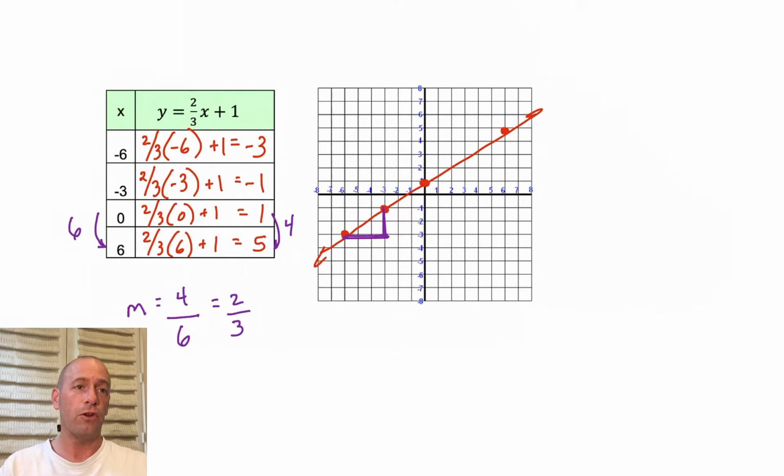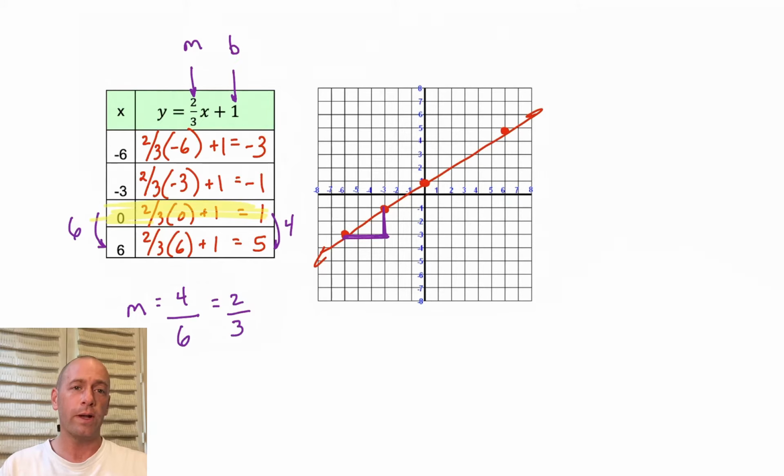Doesn't matter which 2 points you pick, you'll always see that ratio of right 3 up 2. And that's the number, again, in front of x. Where it crosses the y-axis, the 0 term or the y-intercept, it's right there at the end. It's the constant plus 1.